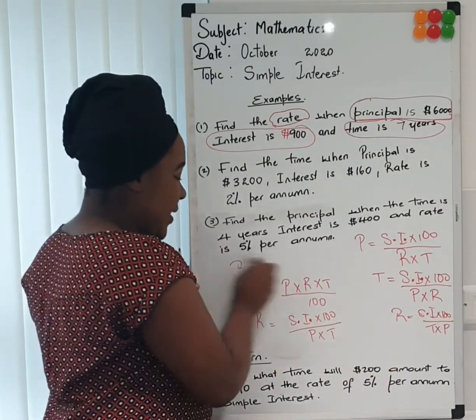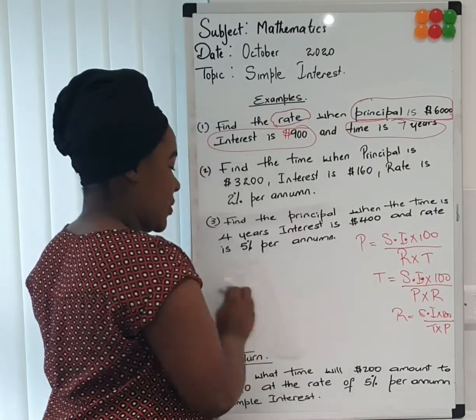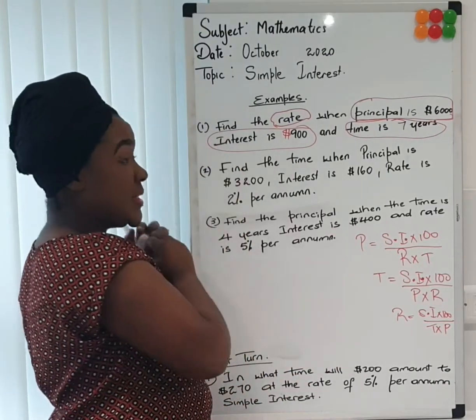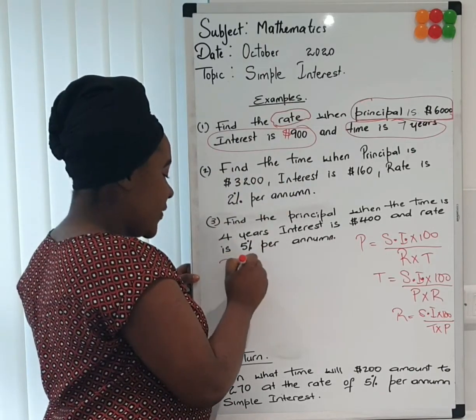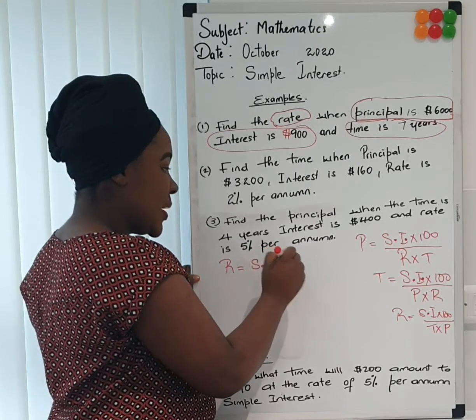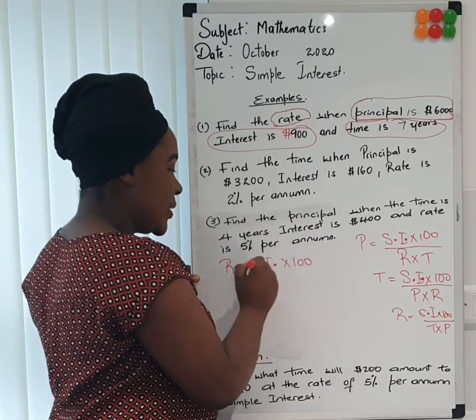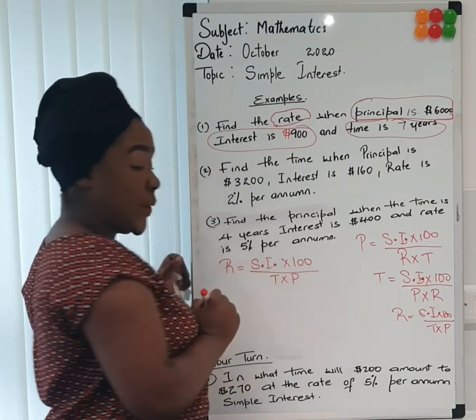So let me just clear here. Alright, I'll go back to the question. We're expected to find rate. So we're going to go with our formula for rate. Rate equals simple interest times 100 divided by principal times time.